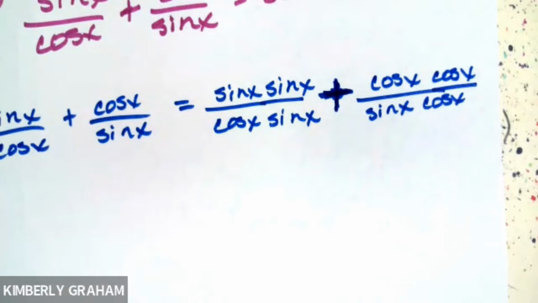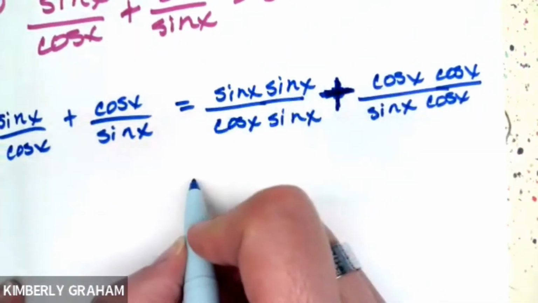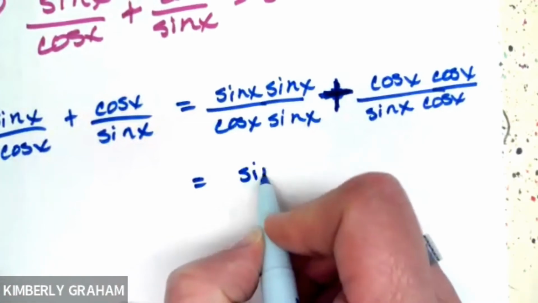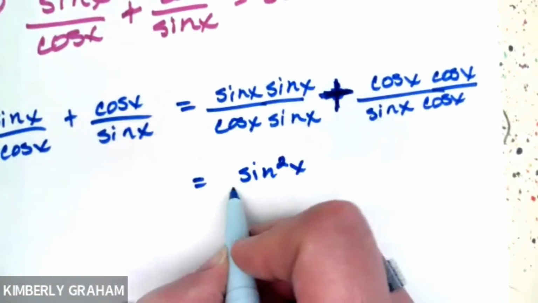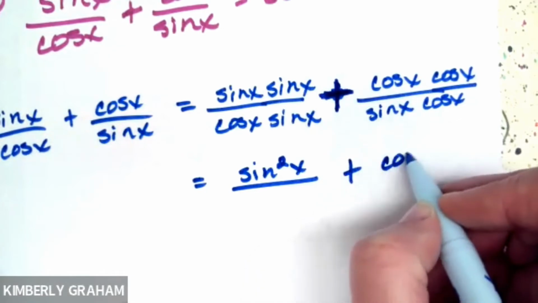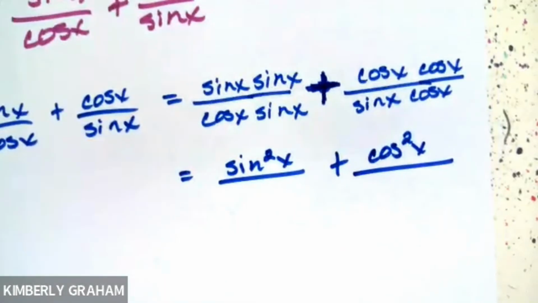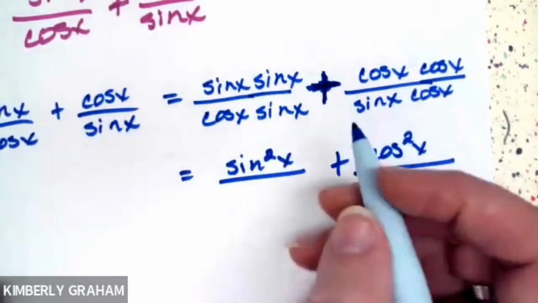All right, I'm going to just clean this up a little bit. I'm going to write this as sine squared x. The numerator here I'm going to write as cosine squared x. And my denominators both have sine cosine in them. I just want them to be both in the same order. It doesn't really matter.